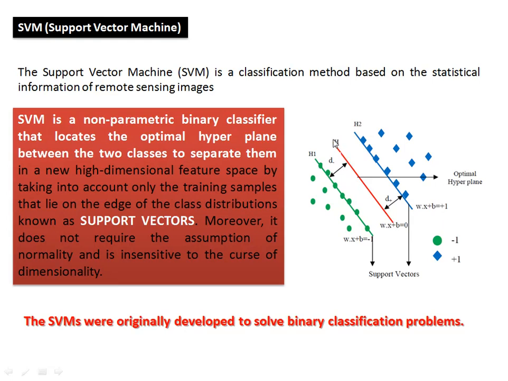Why is it the optimal hyperplane? Because this hyperplane is located at an equal distance from these two classes. These are the pixels or vectors which are closest to the hyperplane, and so these pixels are called support vectors. This SVM, or support vector machine, is advantageous in the presence of heterogeneous classes.